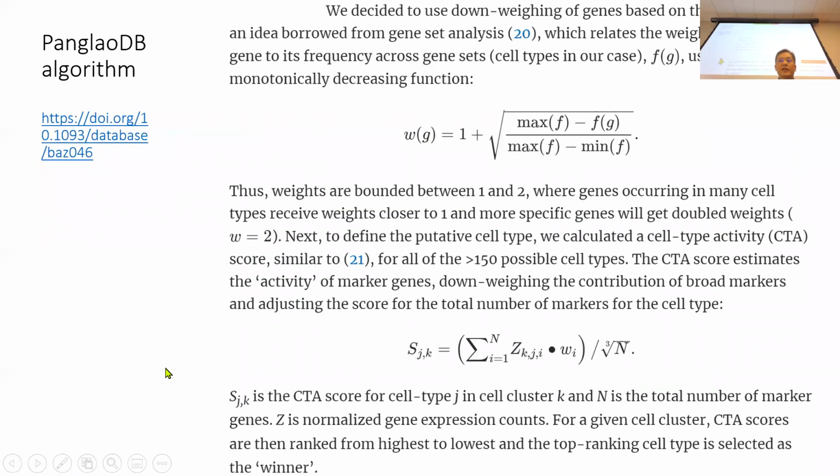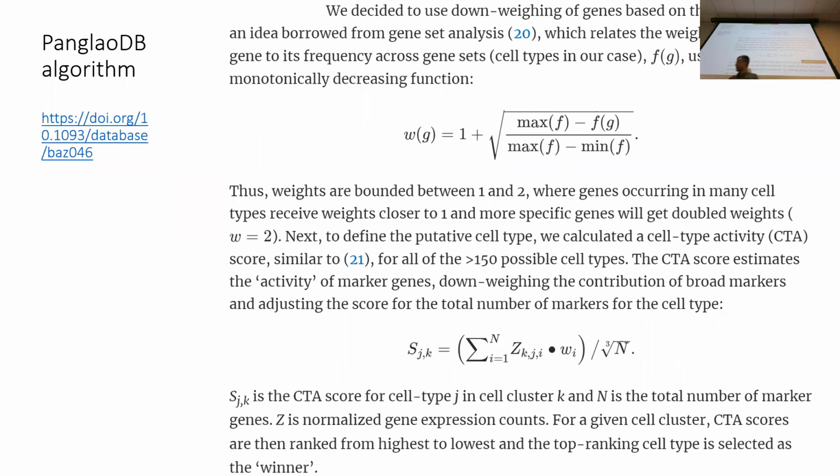Well, in this formal definition, you do have a Z here, which is the average expression of particular marker genes. I is the marker genes, and you also count how many marker genes there are.